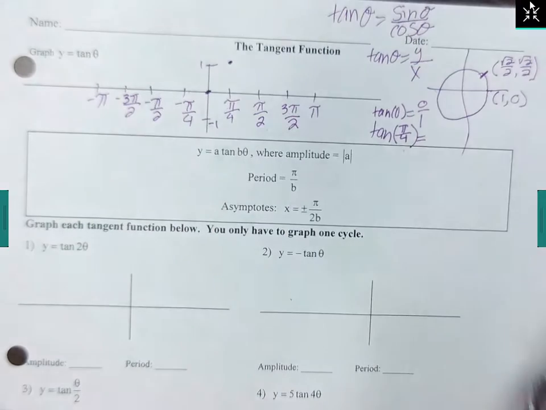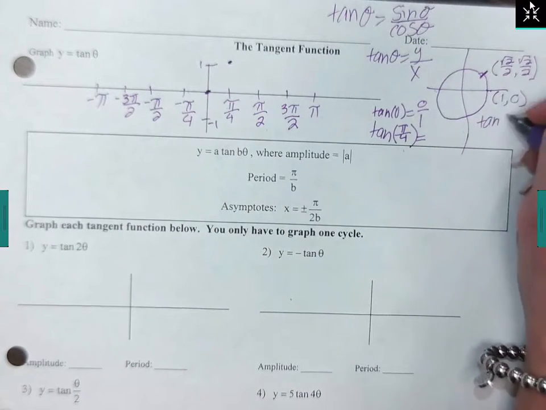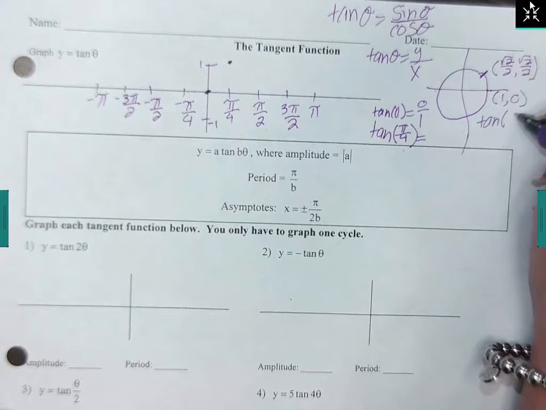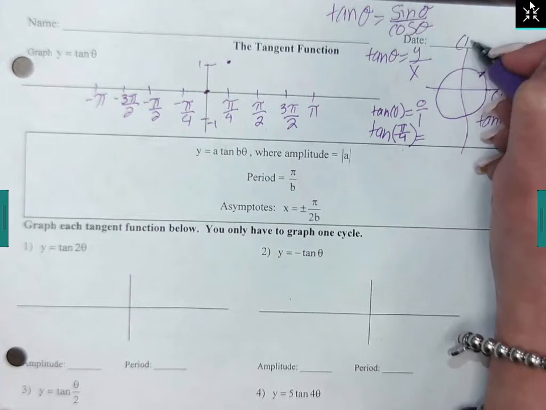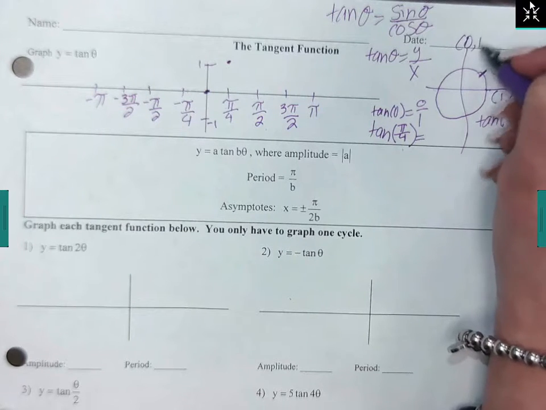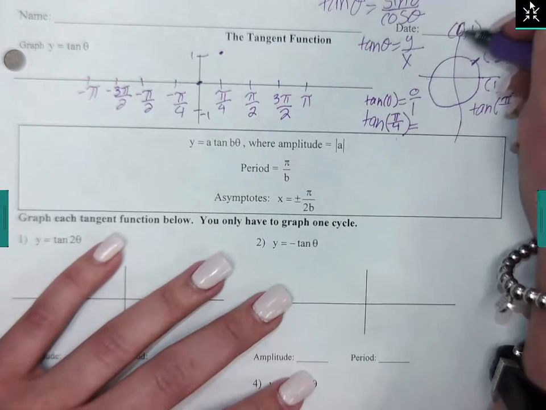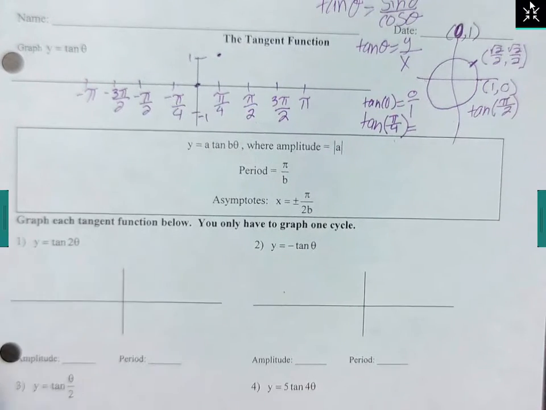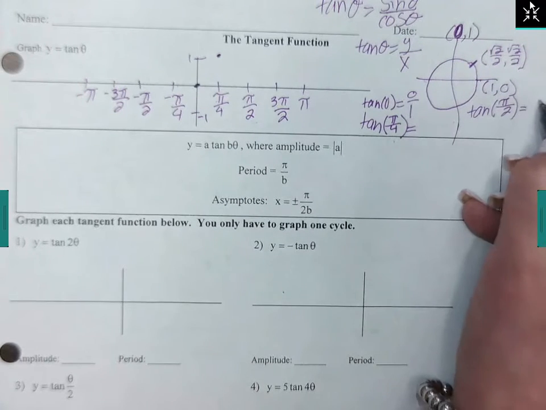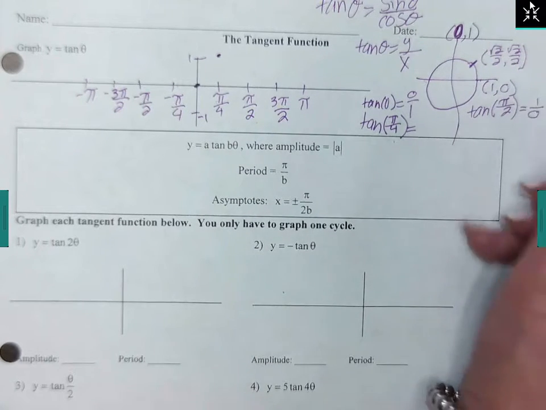Okay? What about the tangent of pi halves? The tangent of pi over 2 is undefined, right? Because that would just be the sine, which is 1, over the cosine, which is 0.